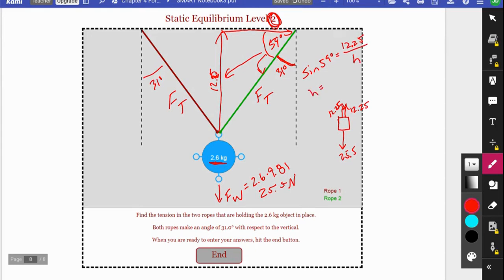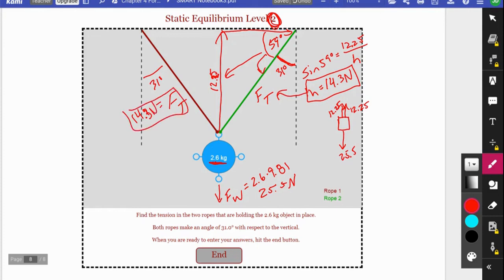So I plug that in my calculator, and I'm going to get a hypotenuse of 14.3 newtons. And that is going to be the tension force in this triangle. And since the other triangle is an identical triangle, it's also going to be the tension in this triangle as well. 14.3 newtons for the hypotenuse there as well.